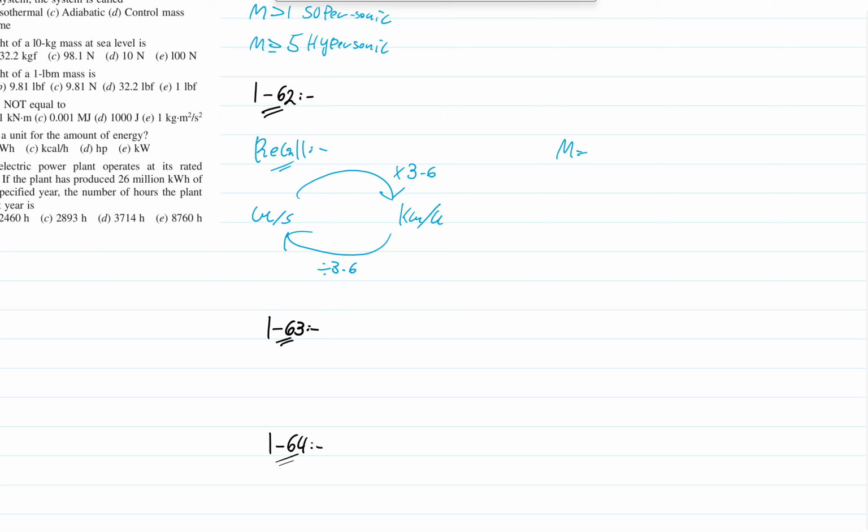So let's just find that out. The Mach number is equal to the velocity over c.